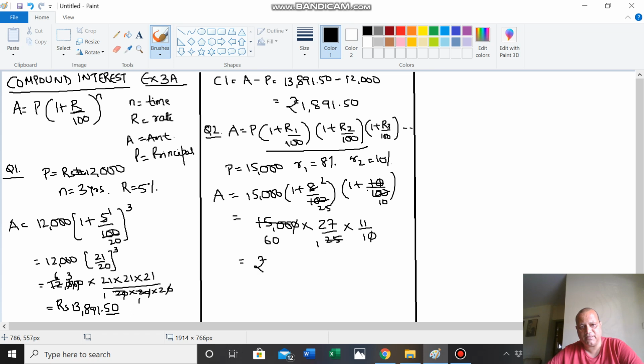So the amount will be 60 into 27 into 11, which will be equal to rupees 17,820. So now let's look at question number 5.